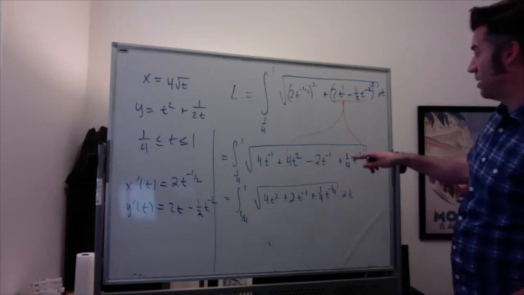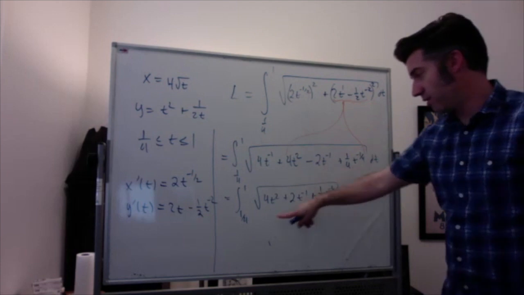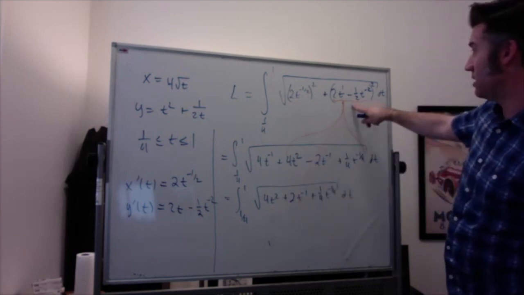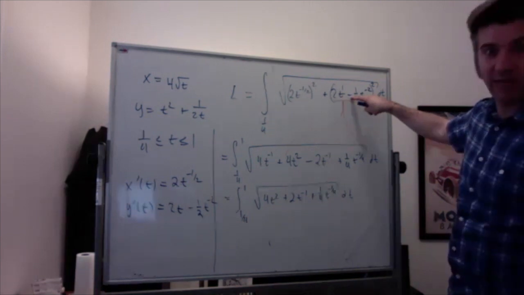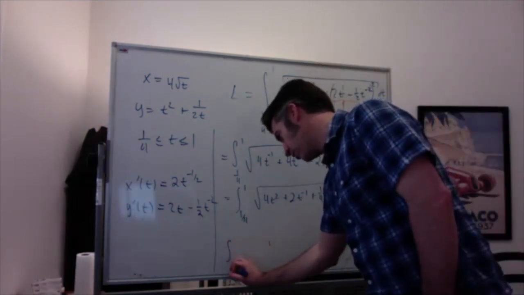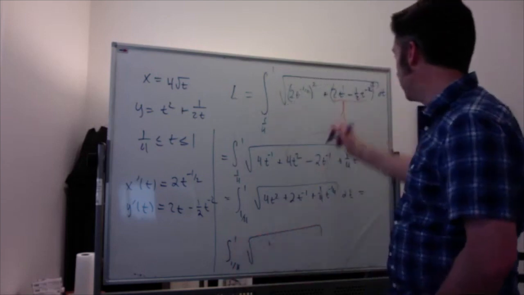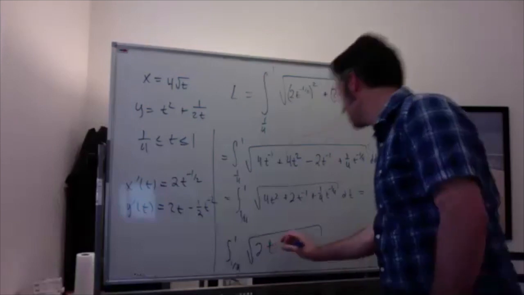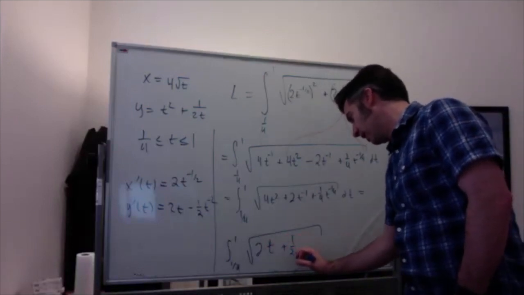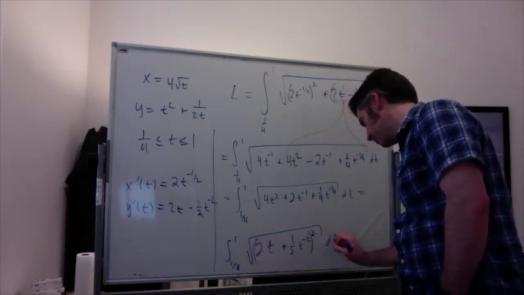And since this thing, where the sign in the middle is just changed, factors as this, except it's going to be a plus instead of a minus, this is going to be exactly the integral from 1/4 to 1 of the square root of 2t, sorry, plus 1/2 t to the negative second, squared.